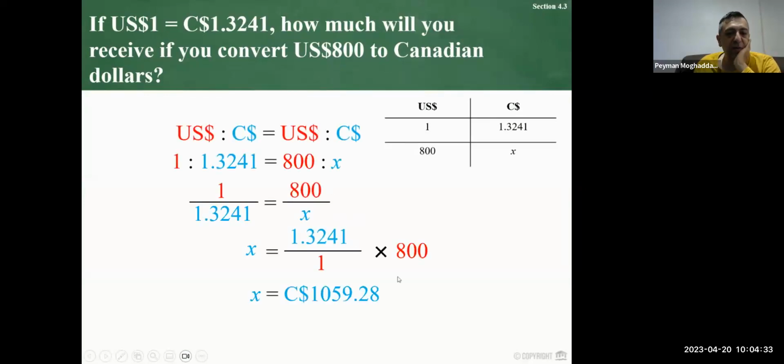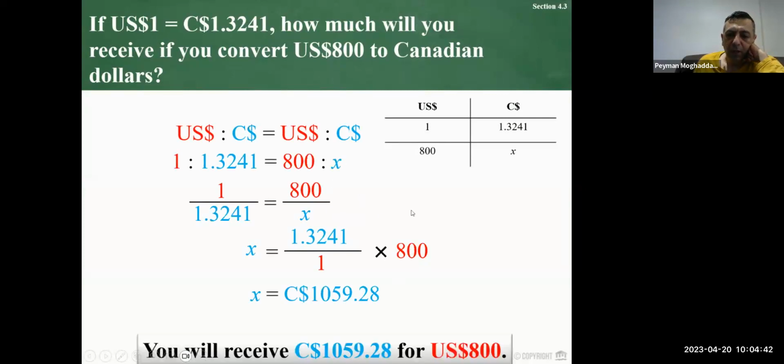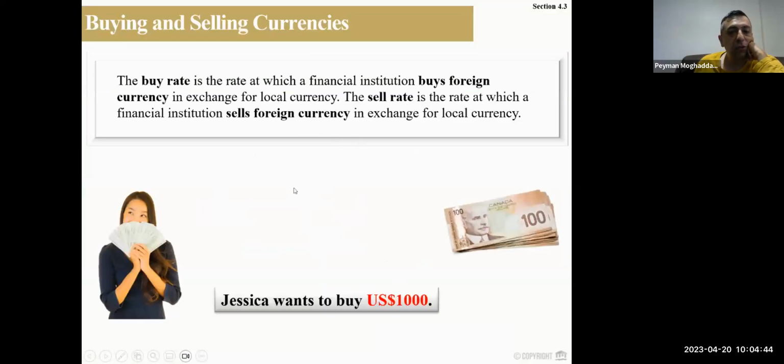You can also make a table for that, but this is just a multiplication. You either have multiplication or division.